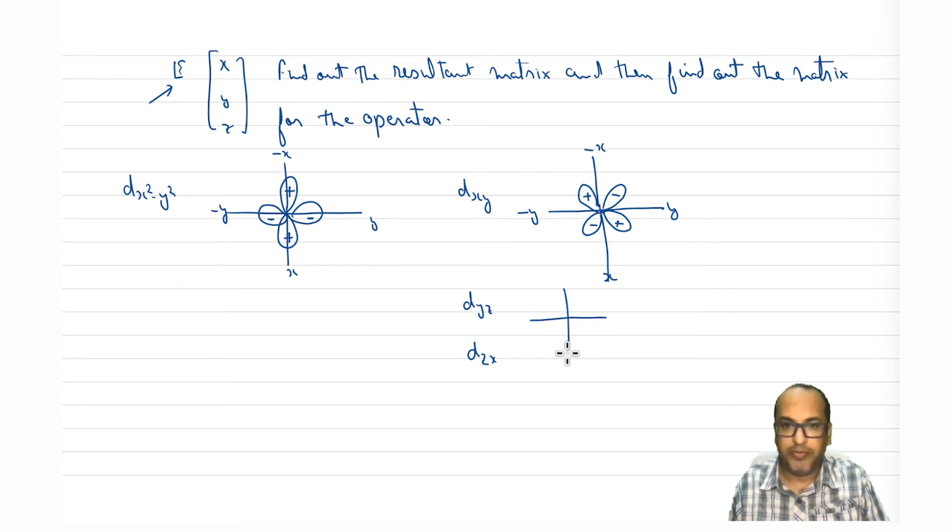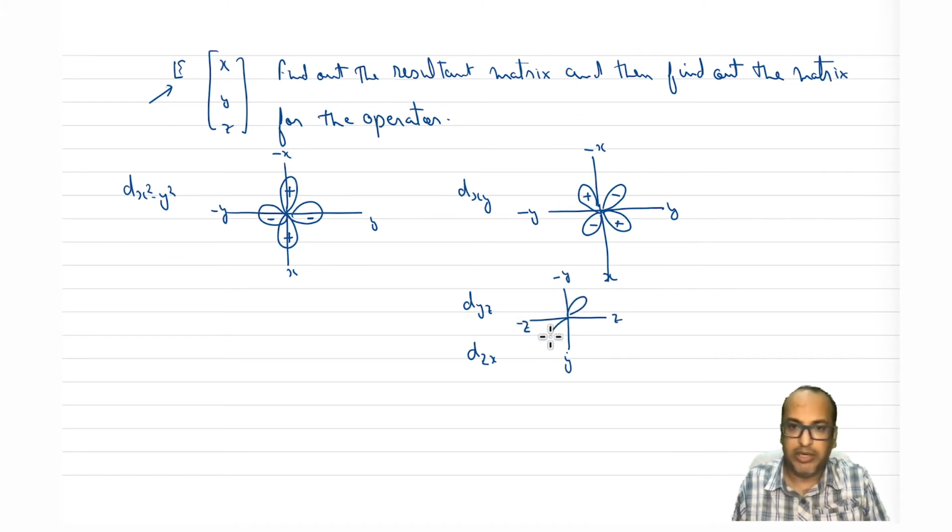So if you have yz, that means this will be y, z, minus y, minus z, and this will be lying between y and z, right? Now x will be coming out of the plane of the board. And then these will be two negatives and two positives.